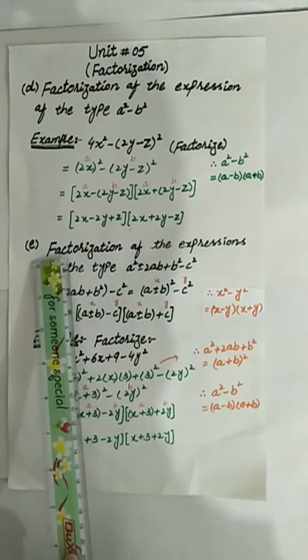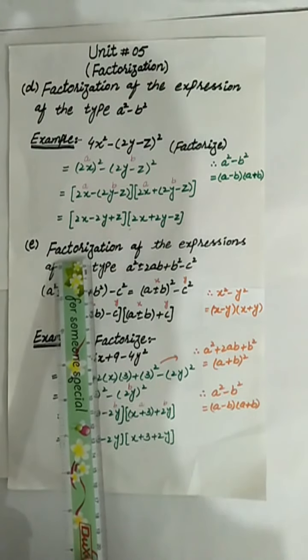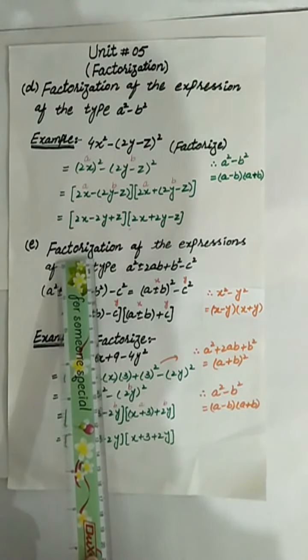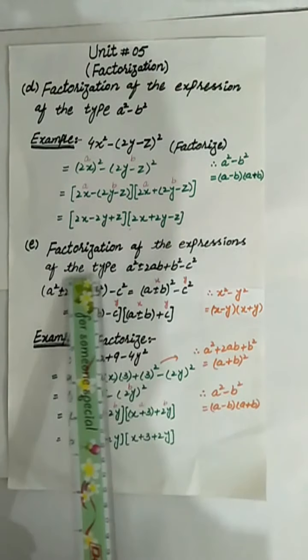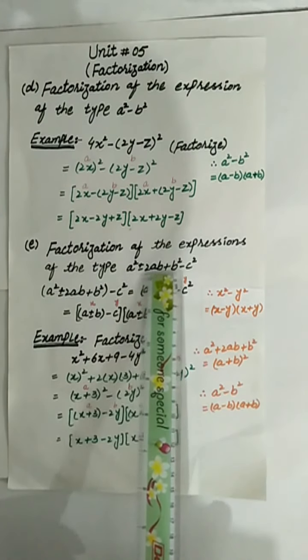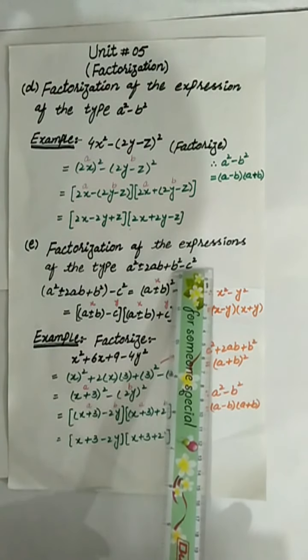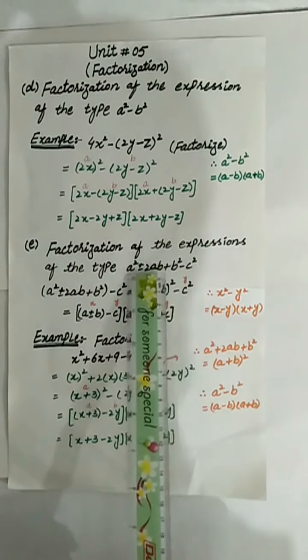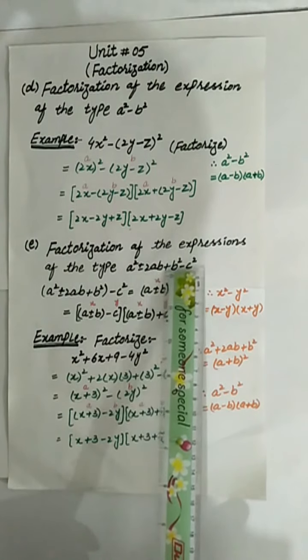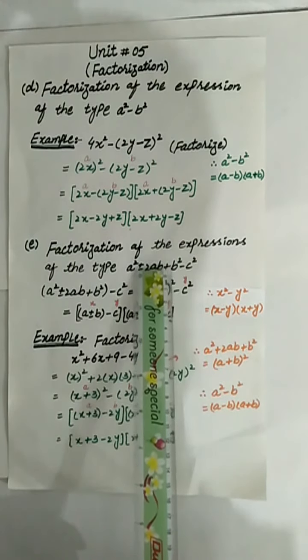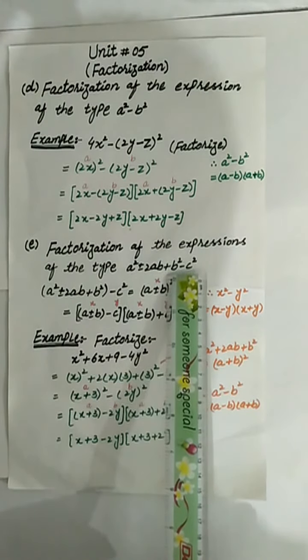Now we will discuss the fifth type of factorization, which is factorization of expressions of the type a square plus minus 2ab plus b square minus c square. We have already discussed a square plus 2ab plus b square and a square minus 2ab plus b square in the previous lecture.